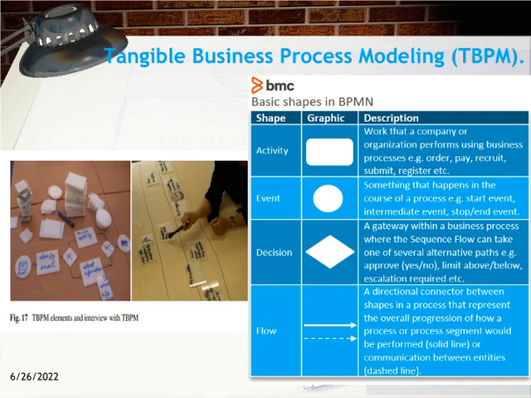A major benefit of TBPM elements is that they aid memory. Users, domain experts and process experts can structure their experiences not as steps, as is the case with Post-it notes, but as a process, with an understanding of parallelism and other alternatives. This can be achieved by keeping TBPM blocks one above the other.